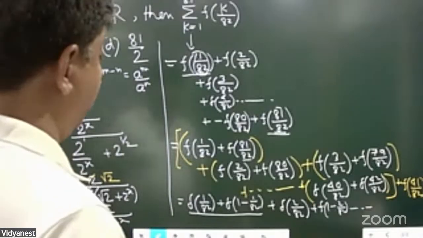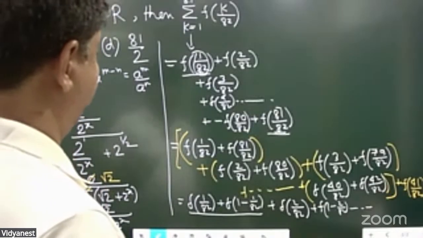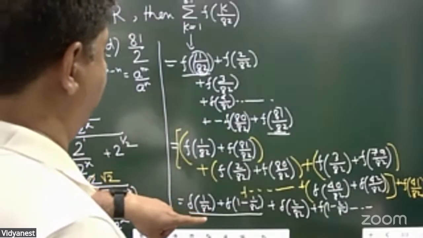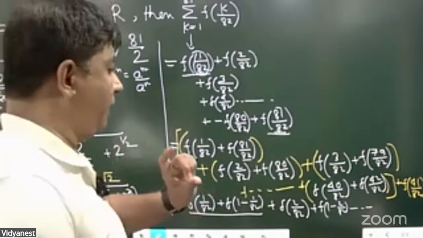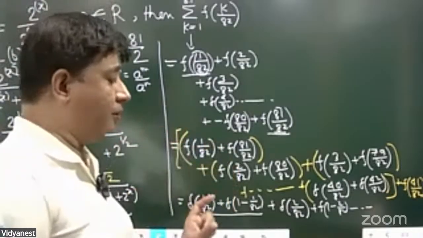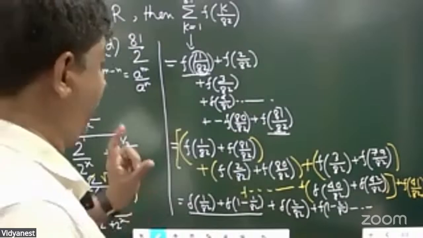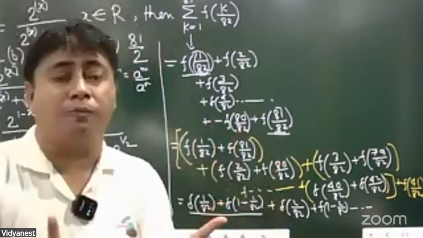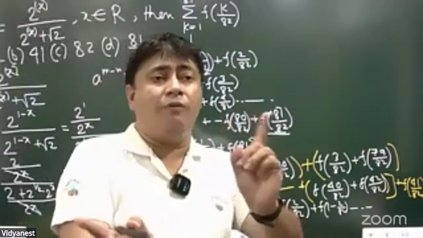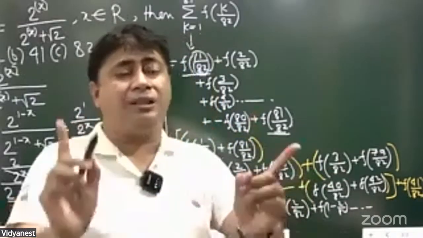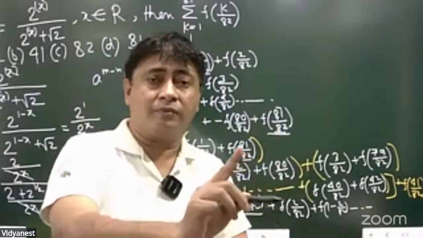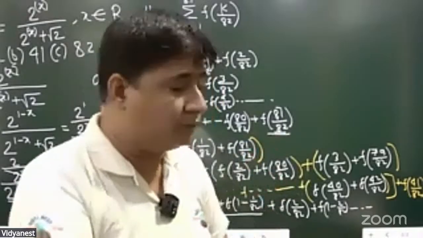And there were 1 to 81, that means excluding the one, a total of 80 students. But 2 students form one group, so 80 students will give 40 groups. Yes or no? Yes, sir.